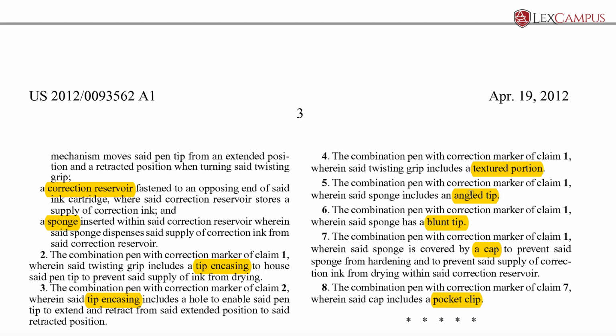Claim 5, 6, 7 are limitations on the sponge. They all go back to its parent claim 1. Claim 8 is dependent on claim 7. So you can see that claim 2 and 3 are grouped together because 3 is dependent on 2 and claim 8 is dependent on claim 7.